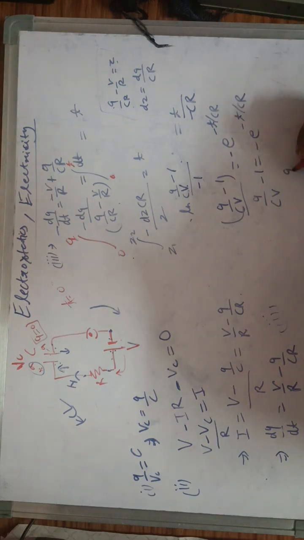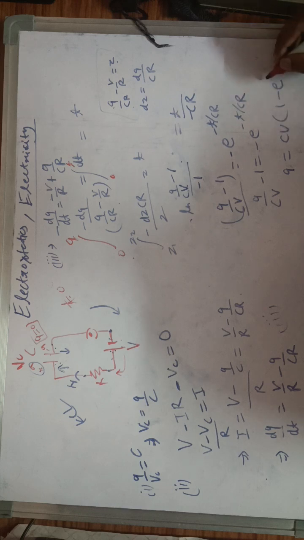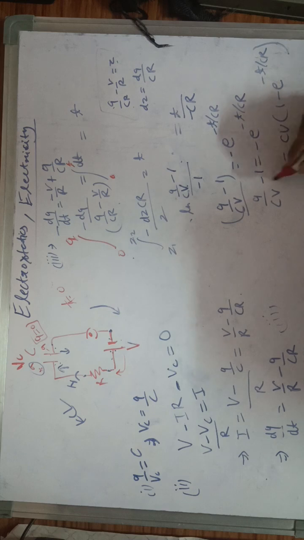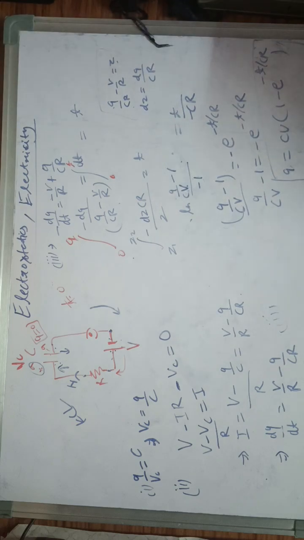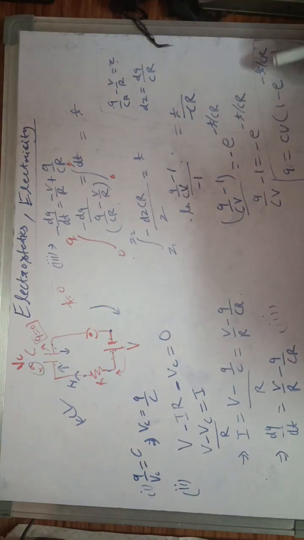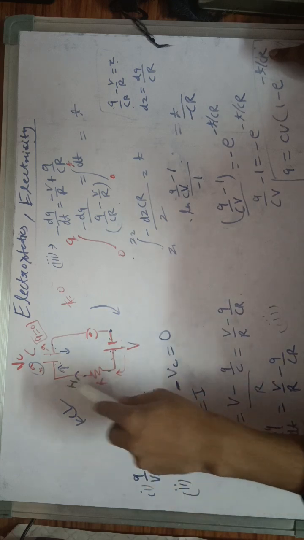This gives q is equal to CV bracket 1 minus e to the power minus t by CR. That is the formula of charge stored on the capacitor at any time t, where C is the capacitance and R is the resistance present in the circuit.